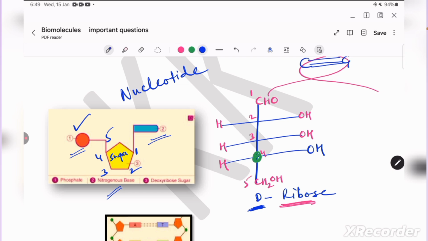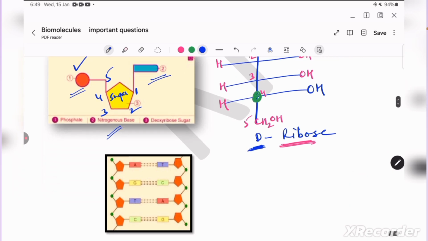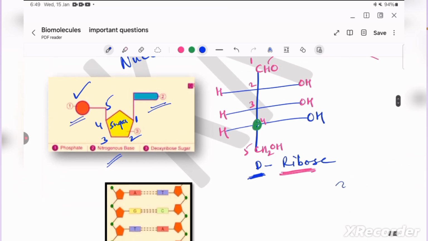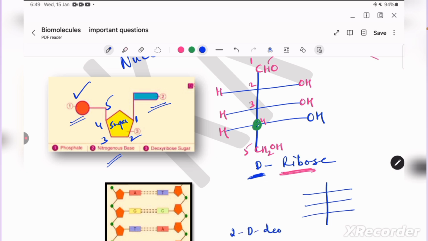In the same way, when you draw the deoxyribose, it's going to be 2-deoxyribose in the case of DNA. Why it's 2-deoxyribose is because at the second carbon atom the oxygen atom will be missing.